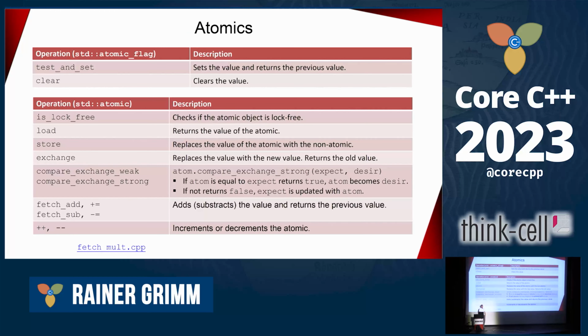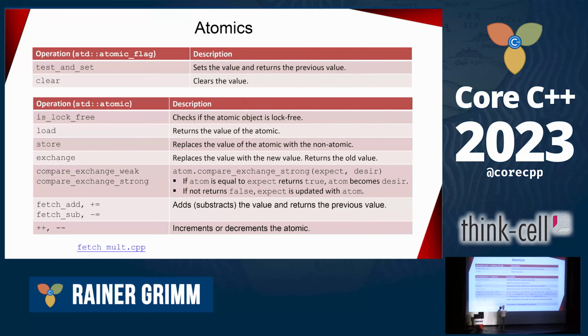We can say fetch_add, fetch_sub, or we can increment, decrement them. The difference is that fetch_add and fetch_sub return the old value, and increment and decrement return the new value. They increment the value or add something to the value, but they return the old value.